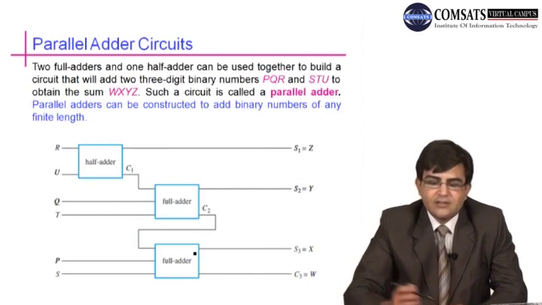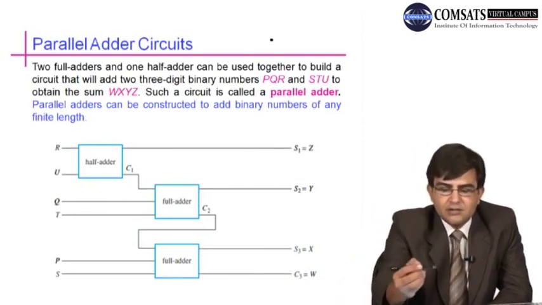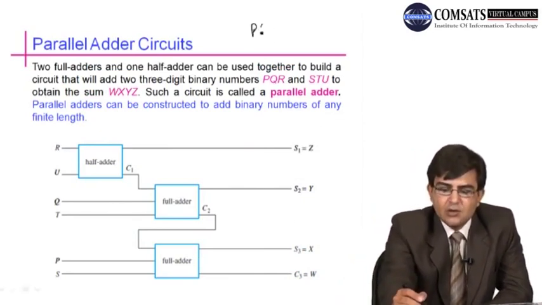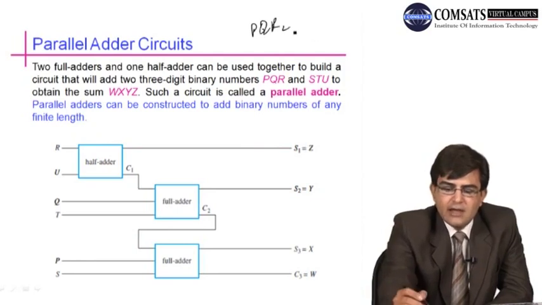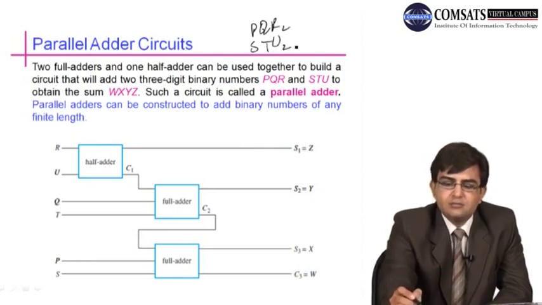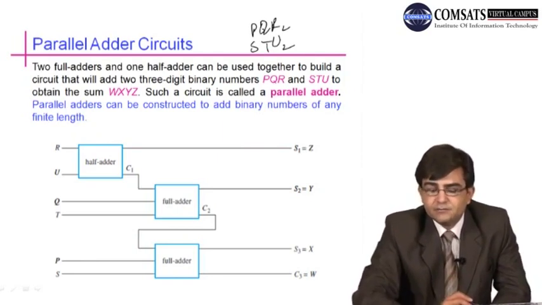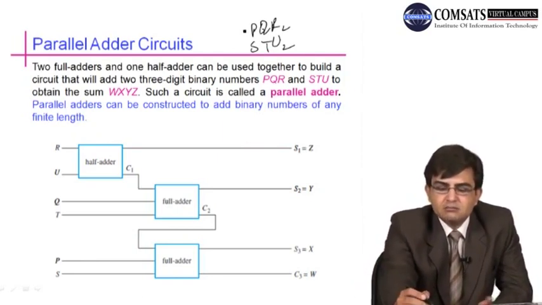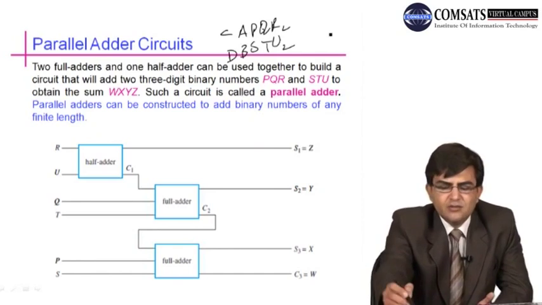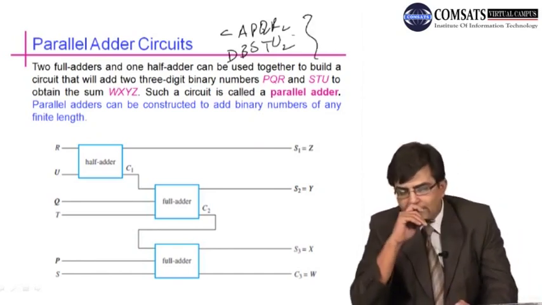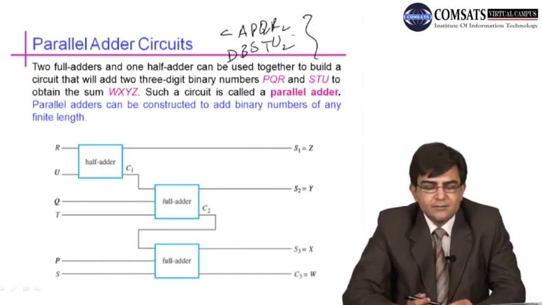For example, if we have any 2 binary expressions, PQR base 2 and STU base 2, or we can take A, B, C, D, binary numbers of any length we can choose. And how to add these numbers?